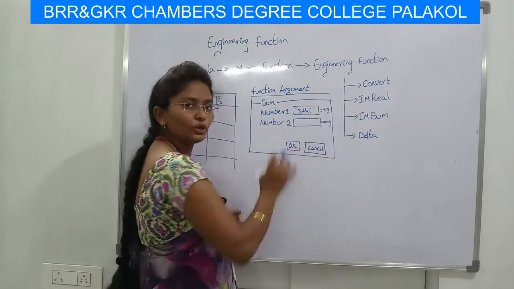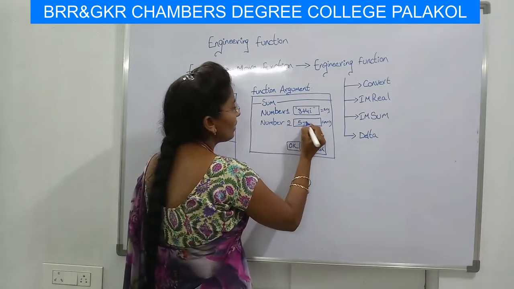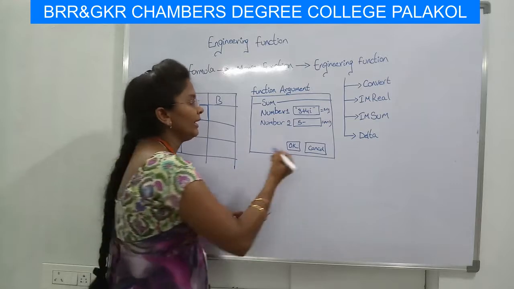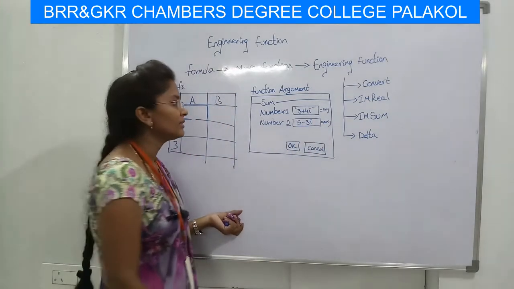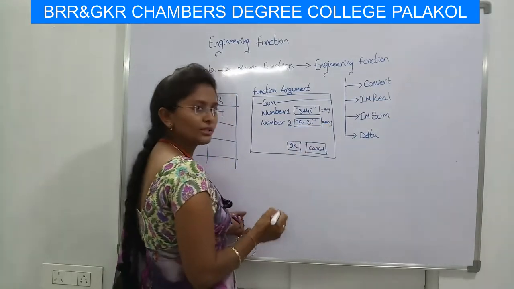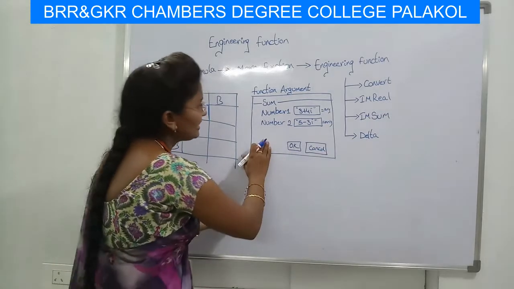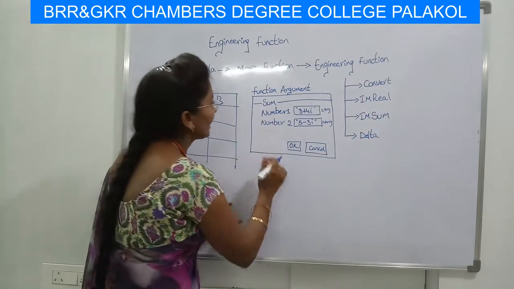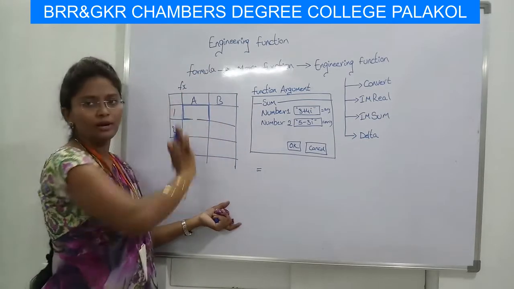And in number 2, I am entering 5 minus 3i in quotations and clicking on the OK button. This is one way, and the second one is entering the formula in the formula bar.